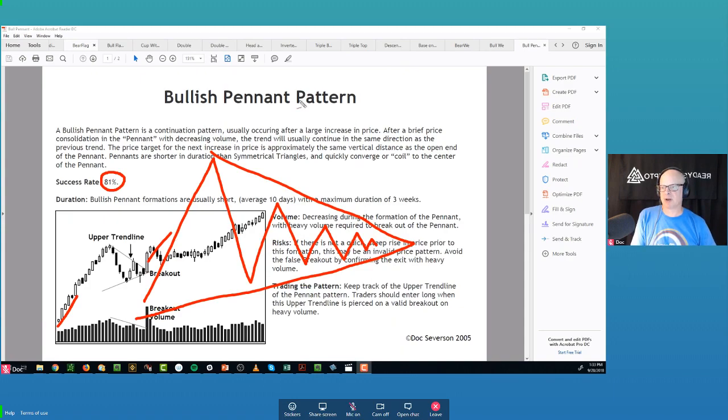However, I've seen quite a bit where we've been coming from one direction, and then I'll see a little pennant, then a false breakout of it in the opposite direction, and then I'll see it just take off.